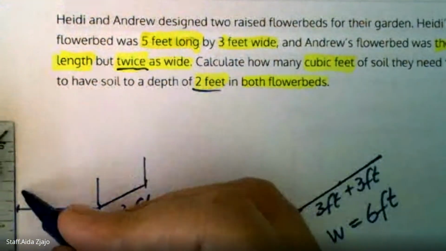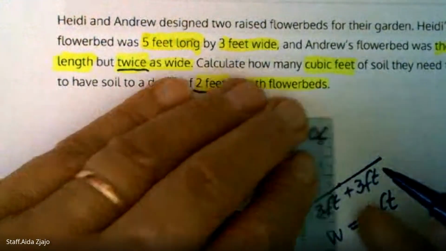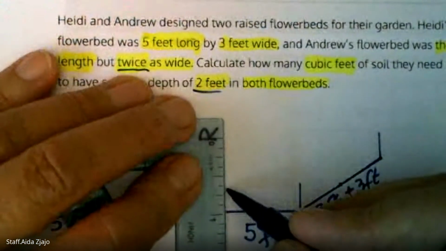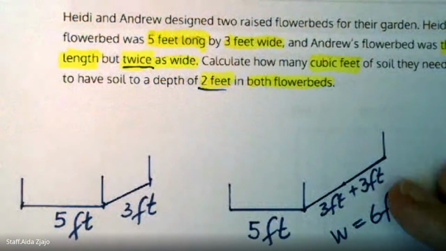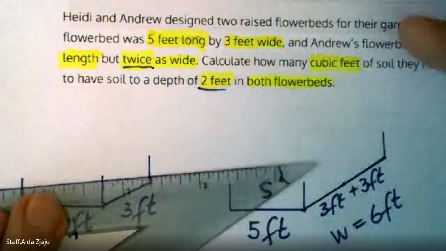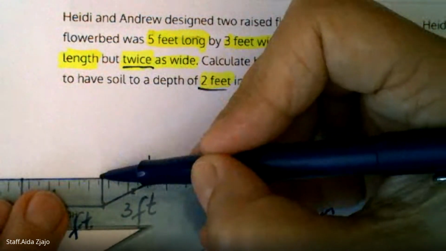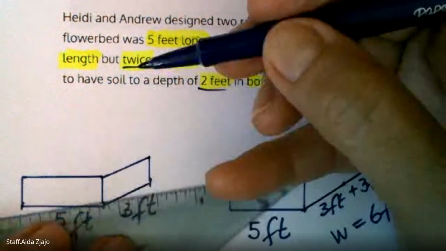So each of their flower beds will have 2 feet. Maybe they will make the flower bed 3 feet high, but their soil has to be 2 feet.